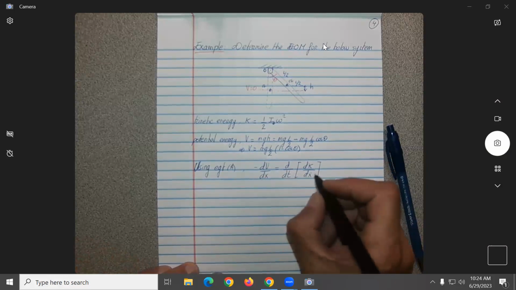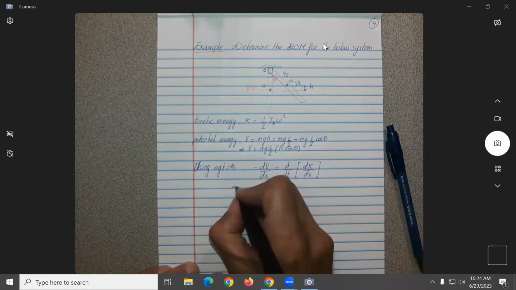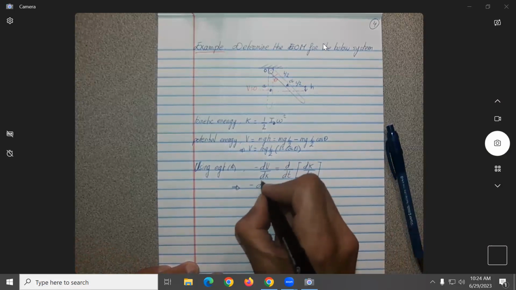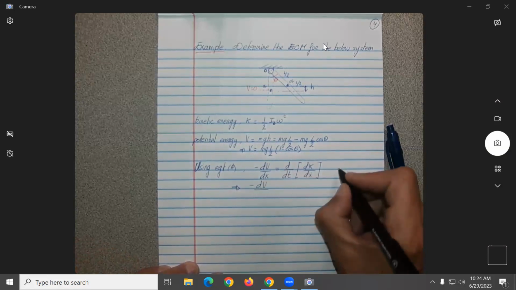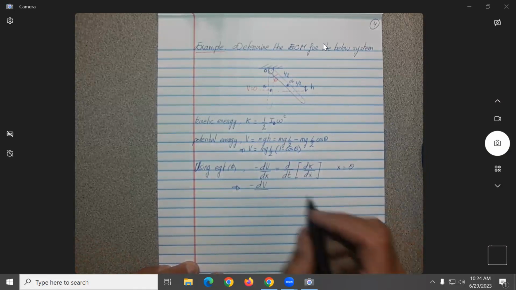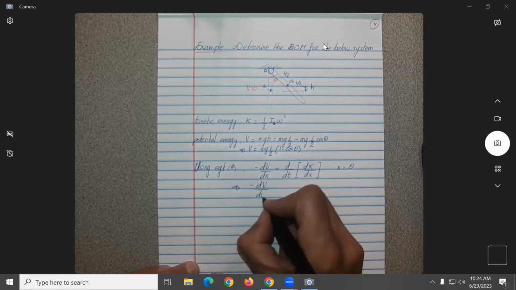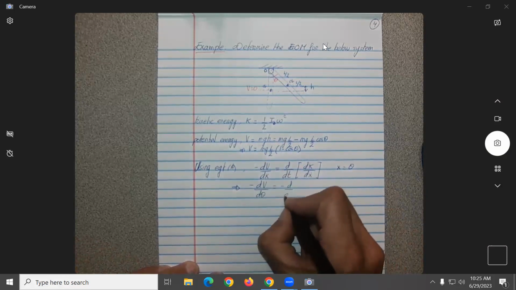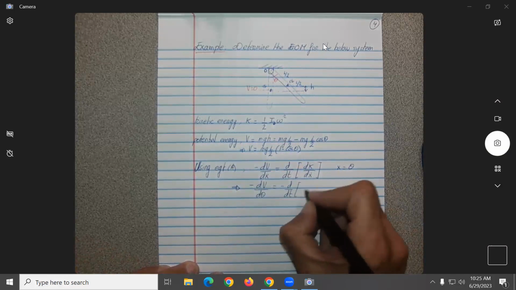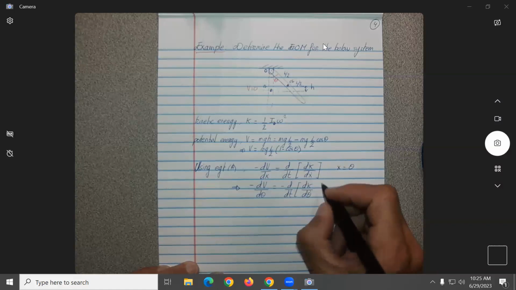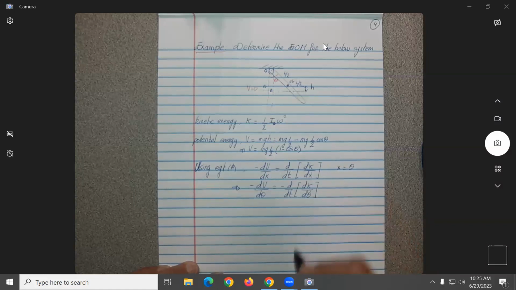Okay, so this will give you what? So now this equation here becomes what? We don't have x, but we have theta, no? So I could write this equation as minus dV/d theta equal to minus d/dt dK/d theta dot.